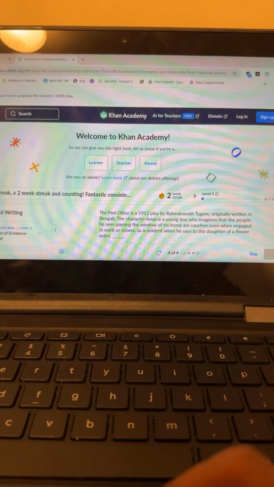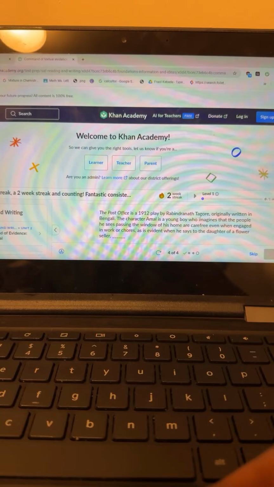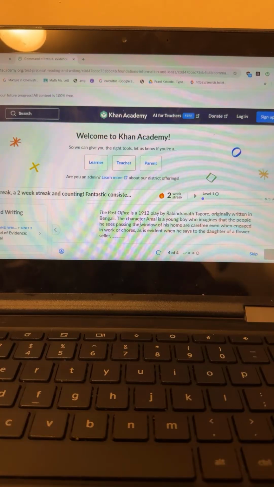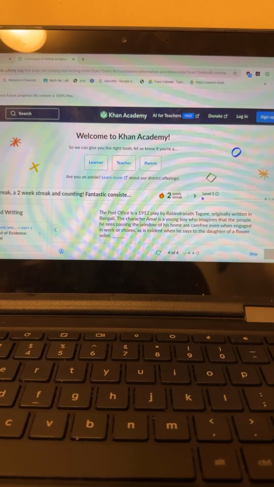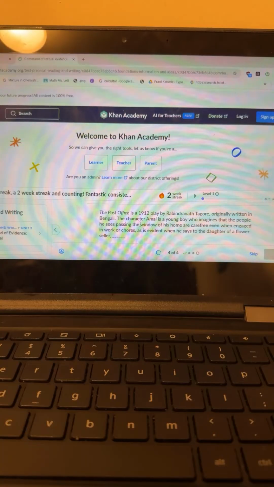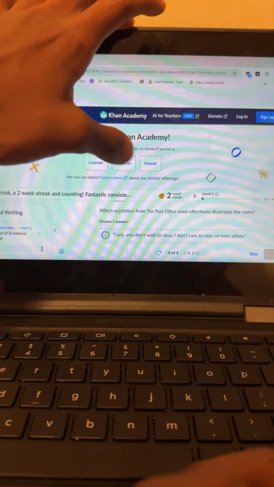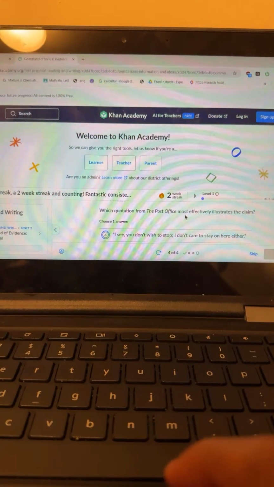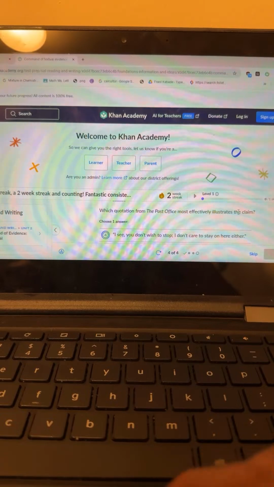The character Amal is a young boy who imagines that the people he sees passing the window of his home are carefree, even when engaged in work or chores, as is evident when he says to the daughter of a flower seller, which of the following from The Post Office most effectively illustrates the claim?